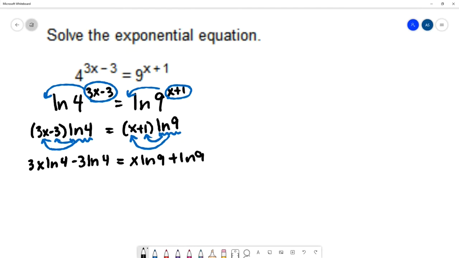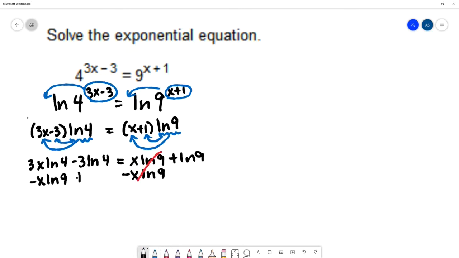Now I'm going to collect the x's to one side and all the terms without x on the other side. I'm going to subtract x natural log of 9 so that I can collect both x's on the left-hand side.